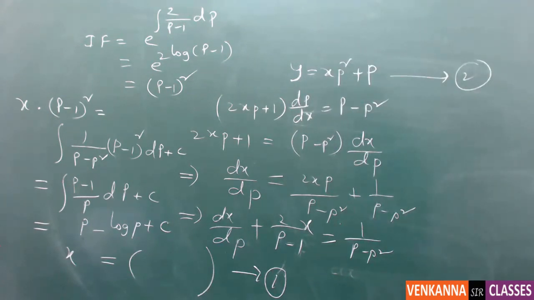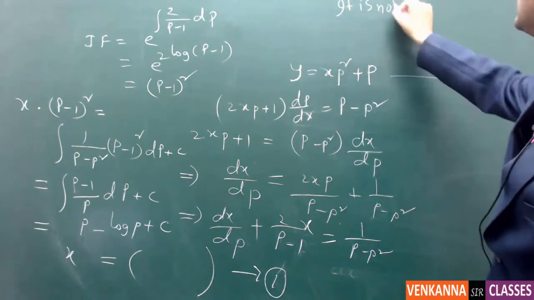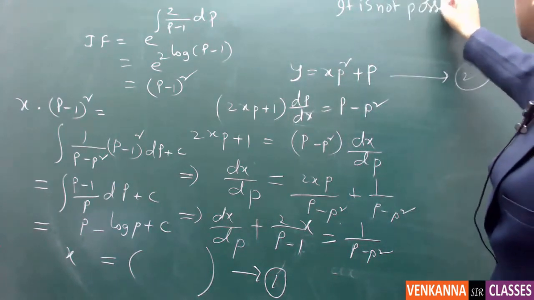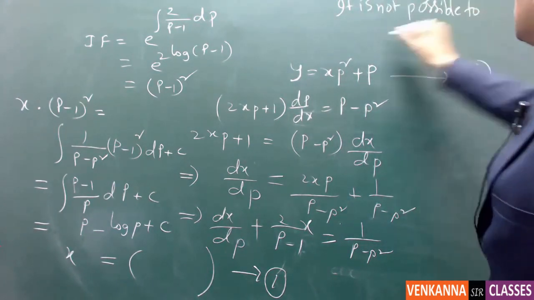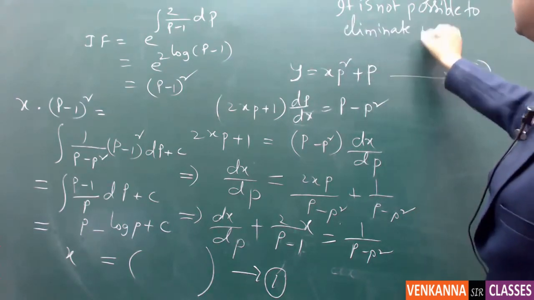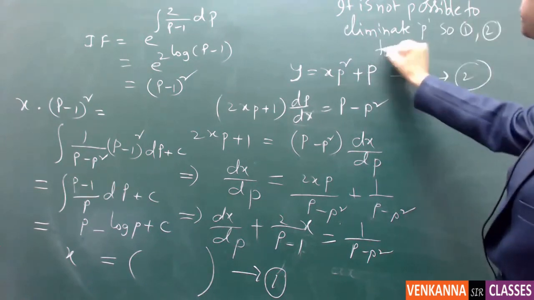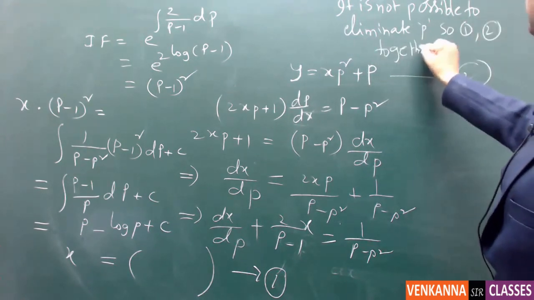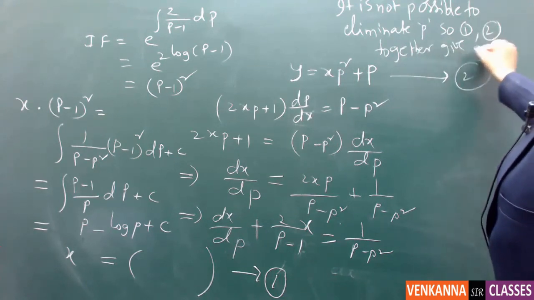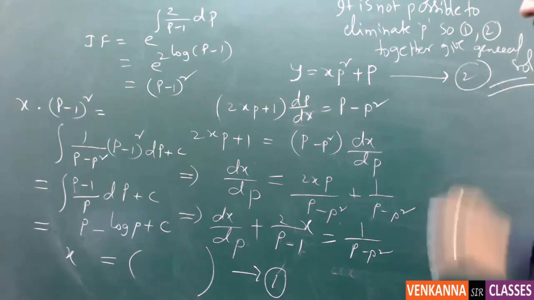So in the end, we write that it is not possible to eliminate p. So 1 and 2 together give the general solution. That is the answer.